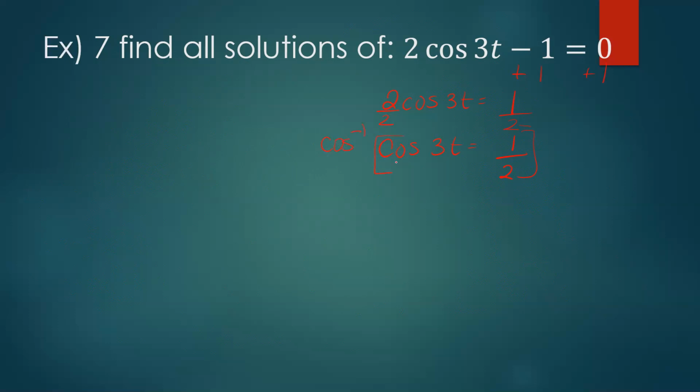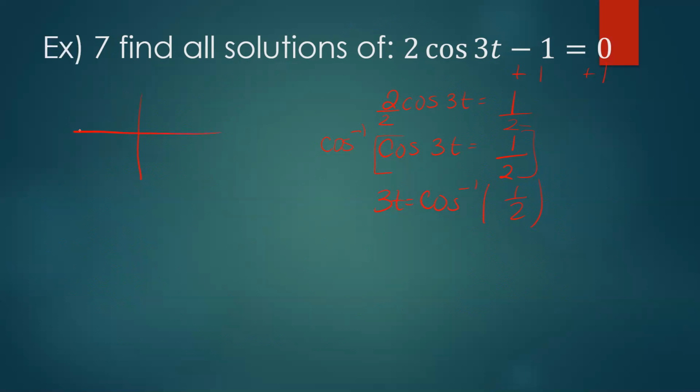So this cancels, right? So you get 3t equals cosine inverse of 1/2. Do not divide by 3 and then try to find it in your unit circle, because it won't work. So what I would do is just first find cosine inverse of positive 1/2 in your unit circle.